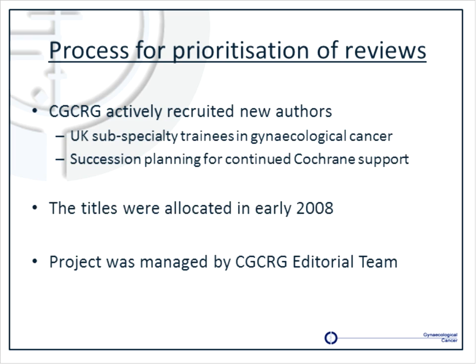We then worked with the stakeholders to allocate the titles to author teams, which ideally included at least one author with previous Cochrane experience supporting their own subspecialty trainees. One of our criteria was to ensure that the gynae-oncology community would then have a large pool of Cochrane-trained experts who would be able to disseminate the results of reviews via national bodies and therefore influence local and national guidelines. All the titles were snapped up by early 2008.